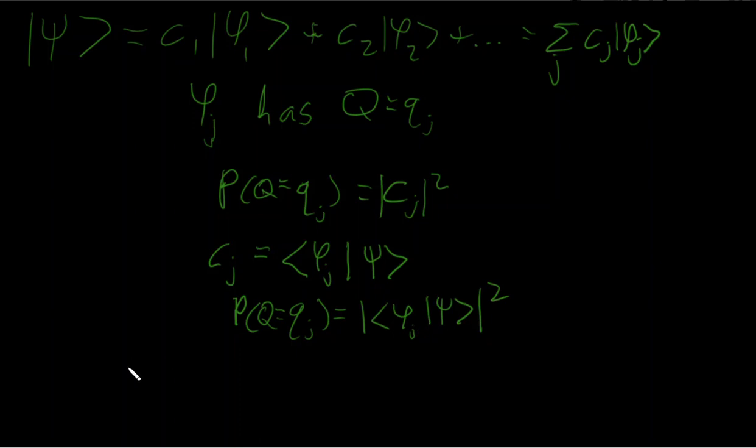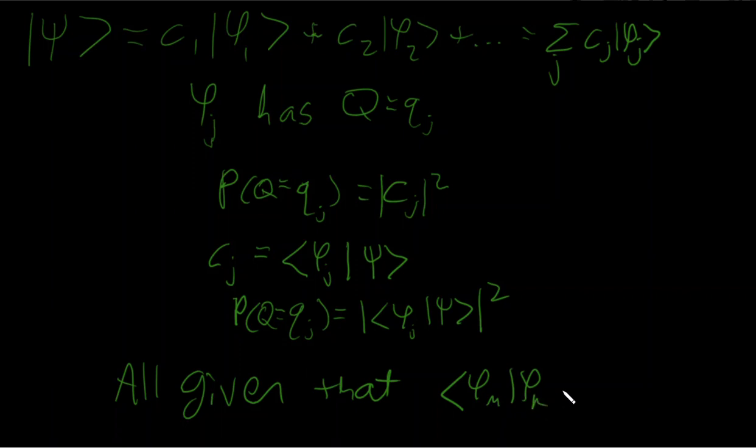And this is all given that the basis is orthonormal, which means the inner product of phi m with phi n is delta mn, the Kronecker delta, which we know from a few videos ago in section 2.